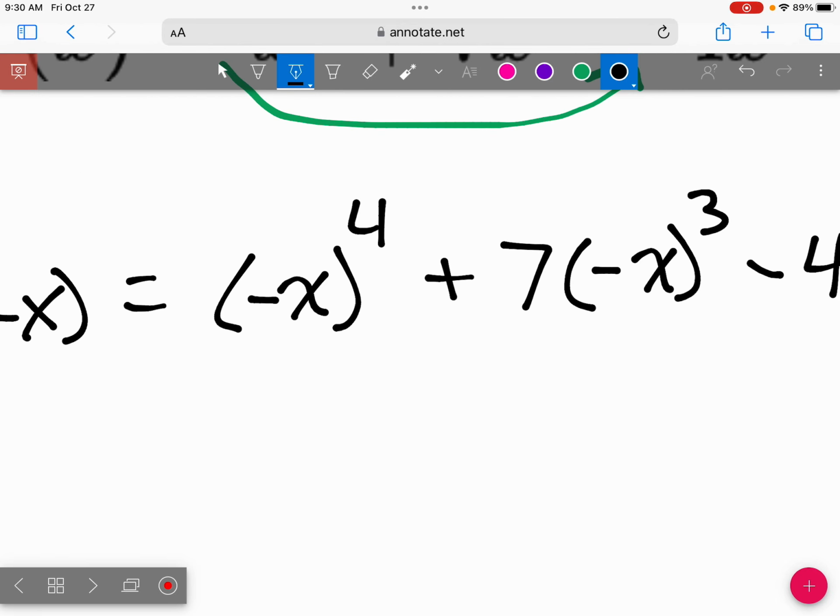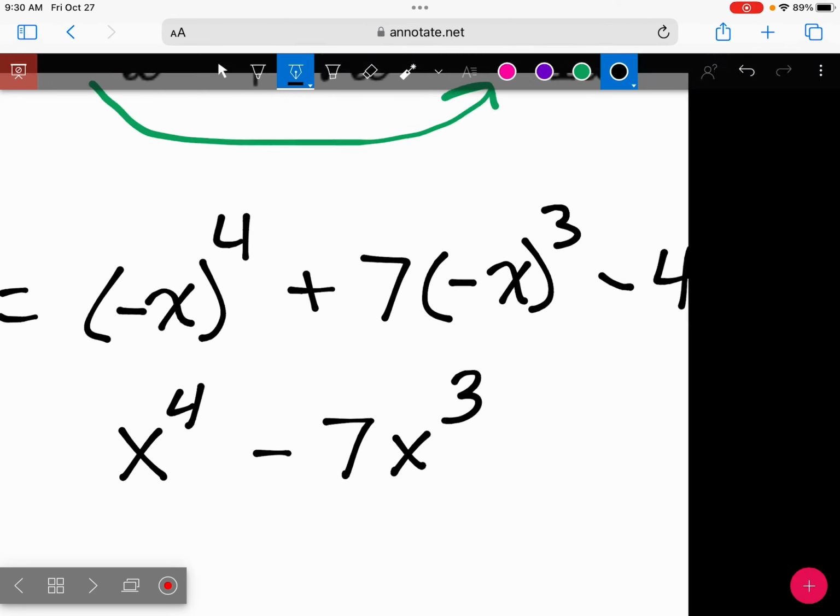Opposite of x to the fourth is just going to be x to the fourth. Plus 7 times the opposite of x cubed, minus 7x cubed.